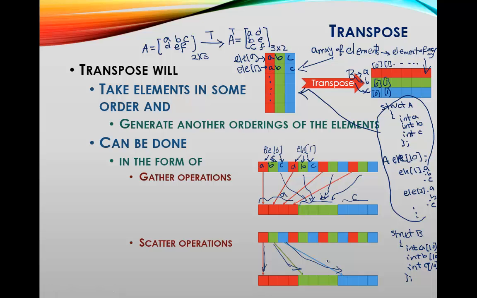So a transpose operation can be considered in these formats. You can create one thread that gathers the data from your input, or you can create one thread of operation that scatters the data in the output.